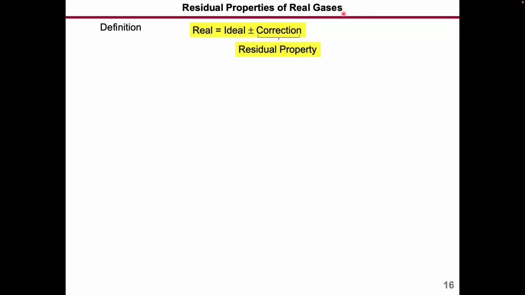For gases we are talking about residual properties, but later in our next lecture, for liquids, we usually call the deviation from ideal solution to real solution excess properties, just to differentiate. But for now, we focus on real gases in this lecture. So these are residual properties. Basically real is equal to ideal plus or minus some correction, and this correction is called the residual property.